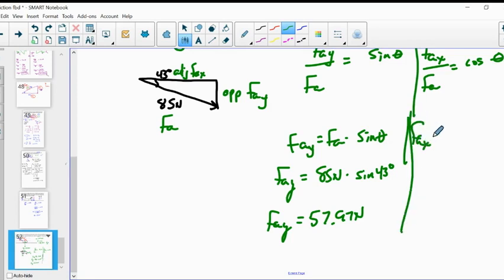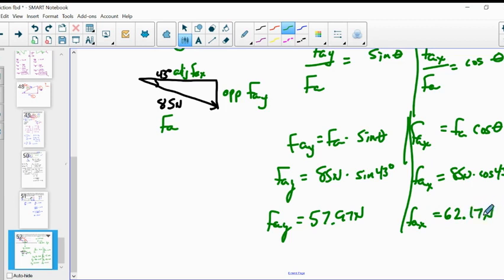Our FA in the x direction is the applied force times the cosine of the angle. And that's going to equal 85 newtons times the cosine of 43 degrees. So our force applied in the x direction is 62.17 newtons.